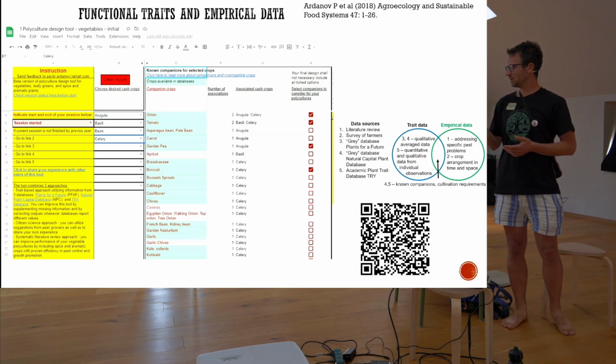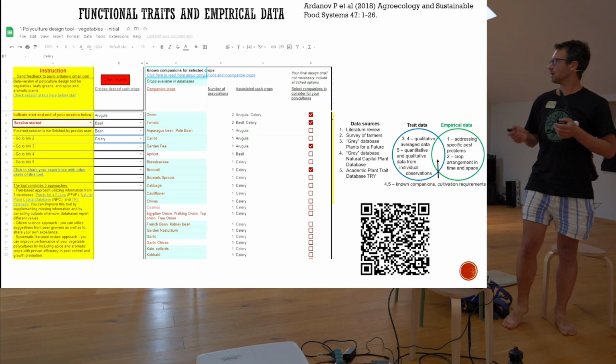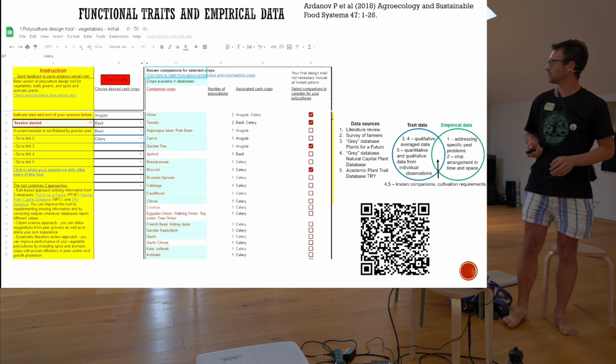What is specific about my tool is that it helps you design from your main cash crops. So at the first stage you don't think about what kind of soil conditions, light, moisture you have. You just say that I want to grow these five main crops.